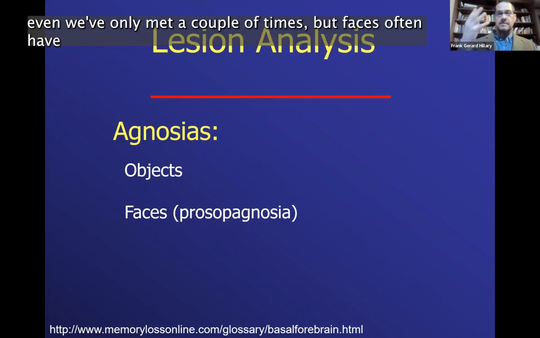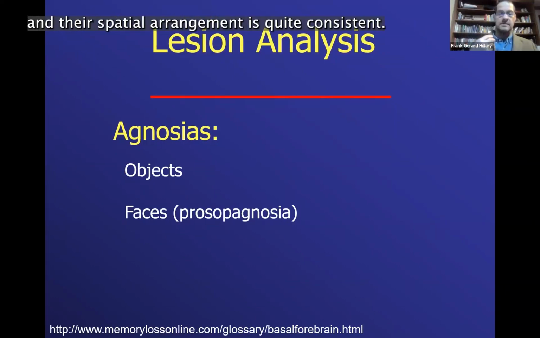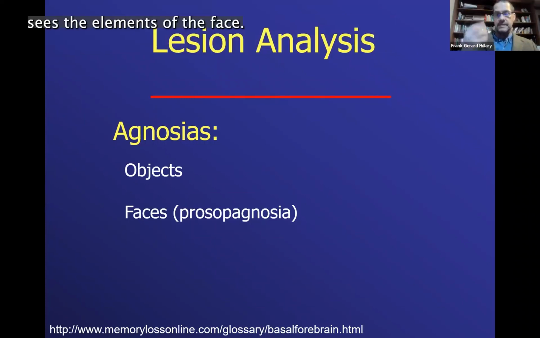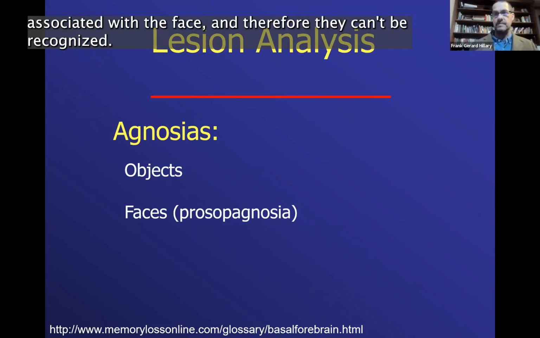But faces often have very similar features, eyes, nose, mouth, and their spatial arrangement is quite consistent. So recognizing a face is a skill. Somebody with prosopagnosia sees the elements of the face, but they no longer have the same spatial representation or information associated with the face, and therefore they can't recognize it.